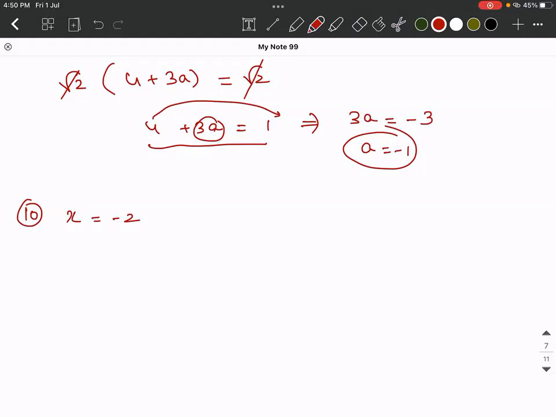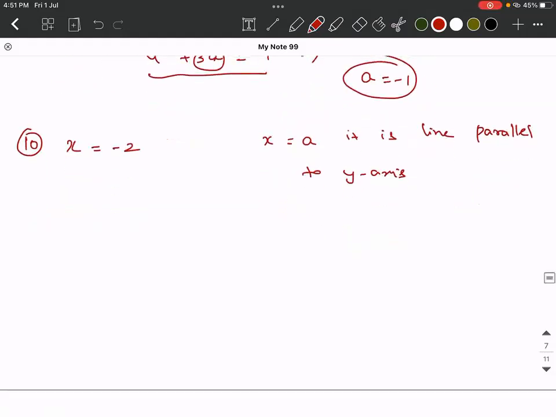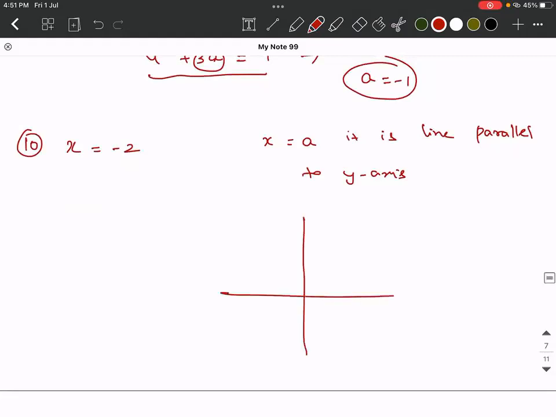Okay. So listen, if you have the equation x is equal to a, please make a note, it is a line parallel to which axis? It is a line parallel to the y-axis. Why is it so? Because if you take, for example, let's take this problem itself. They told x is equal to -2: (-2, 0), (-2, 1), (-2, 2). If I keep on writing like this, what is the x coordinate?